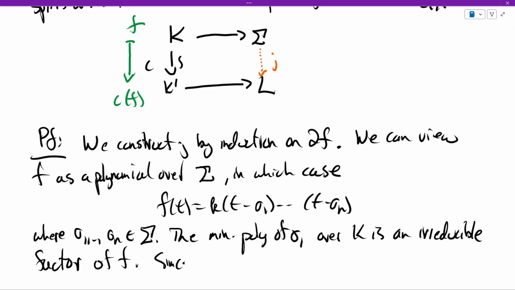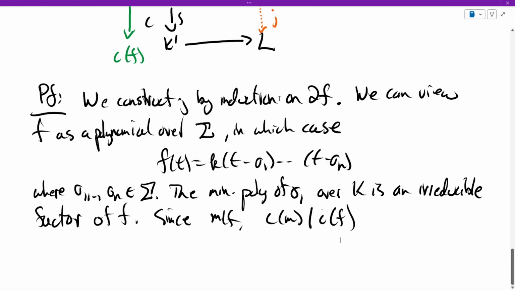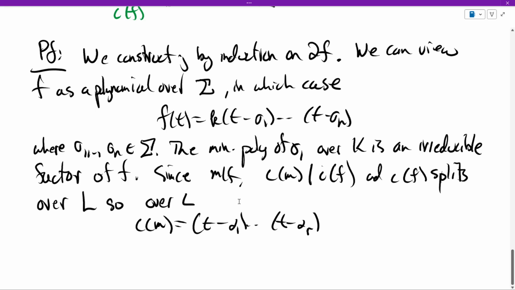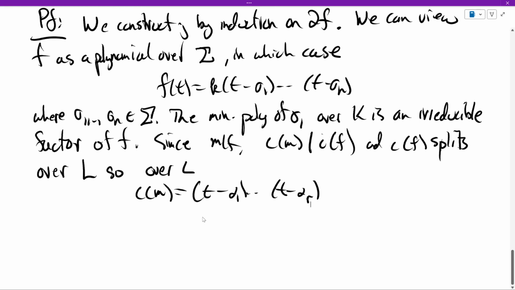Since m divides f, the same is true after applying iota. The polynomial iota of m, where we just change the coefficients to K prime coefficients, divides iota of f. And iota of f splits over L, that was one of our conditions. So over L, we can write iota of m as (t minus alpha 1) all the way up to (t minus alpha r), because it splits completely, and the minimal polynomial is monic, so there's no leading coefficient.